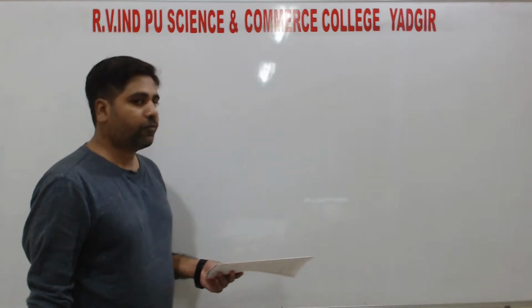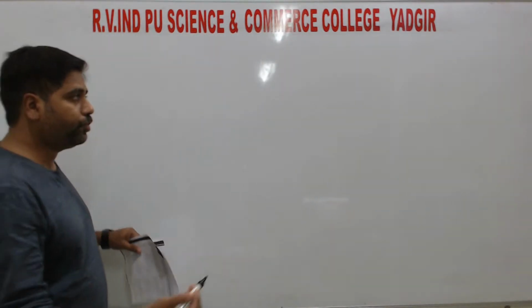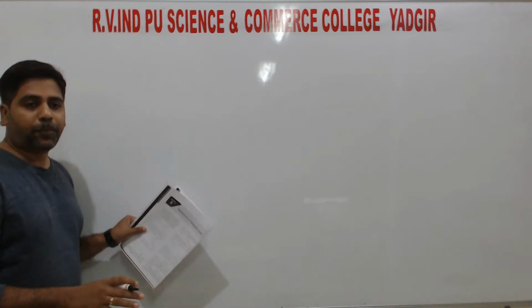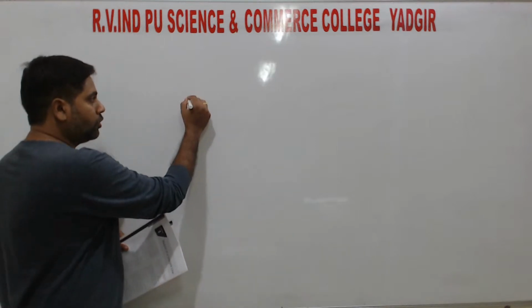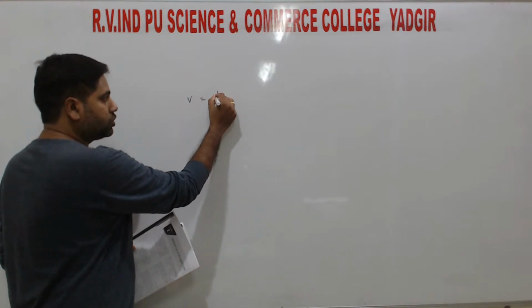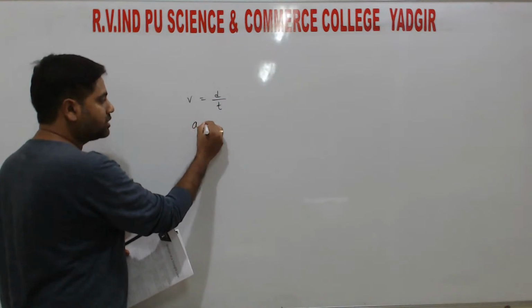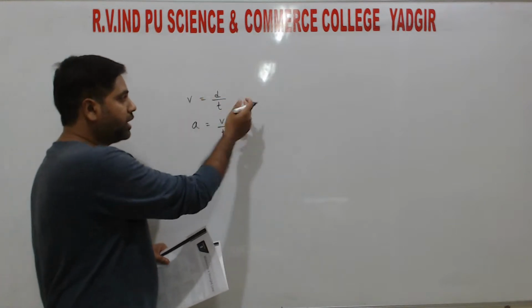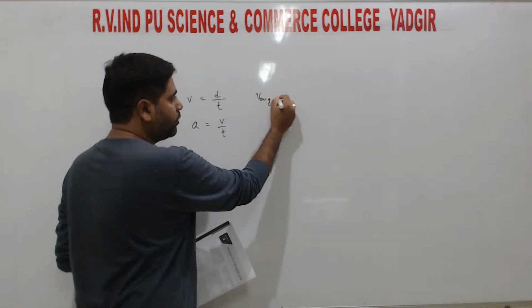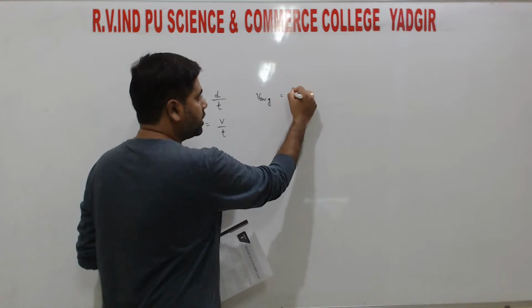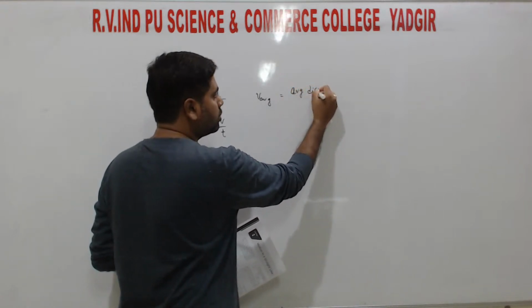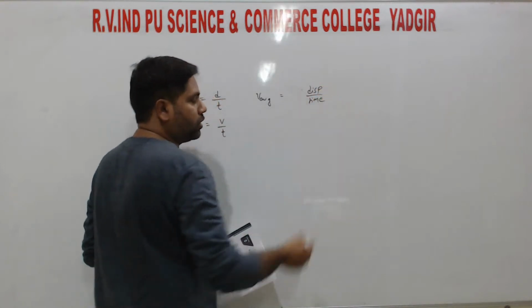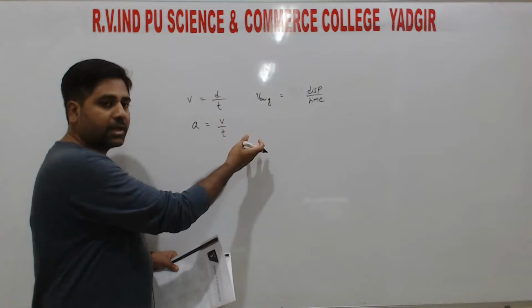From this topic we have the concepts distance, displacement, speed, velocity, right? Speed or velocity is equal to distance divided by time, and acceleration is equal to velocity divided by time. In velocity we get average velocity, that is displacement divided by total time taken, and also average acceleration.